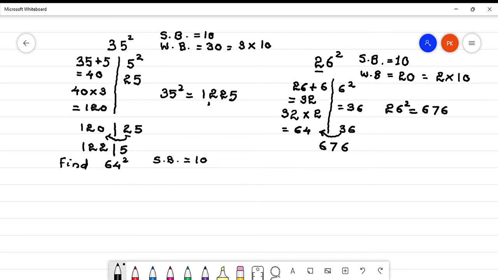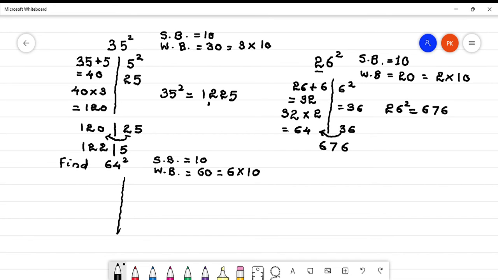Now, tell me what is the working base? Yes, because the tens place is 6. What will be the working base? 60. And 60 is 6 times 10. So, what is your next step here?